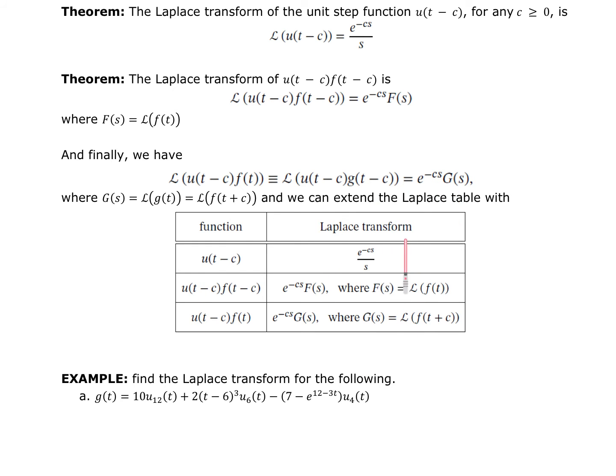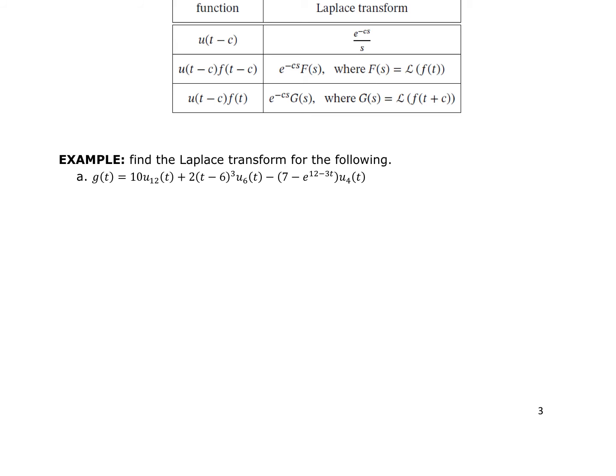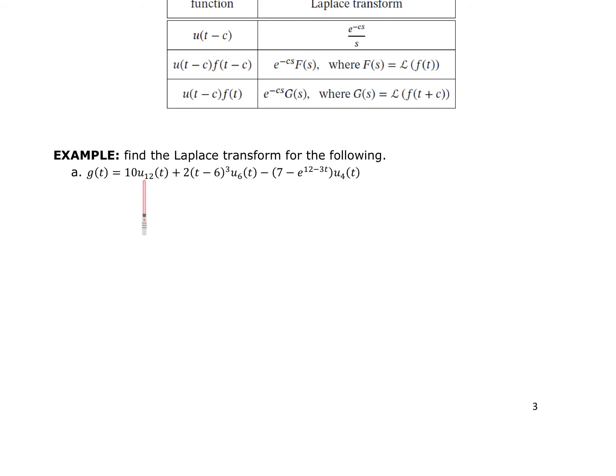So we have these Laplace transforms and we extend the table. So find the Laplace transform for the following function. Well, the first thing we're going to do is notice this subscript u of 12, u of 6, and u of 4.